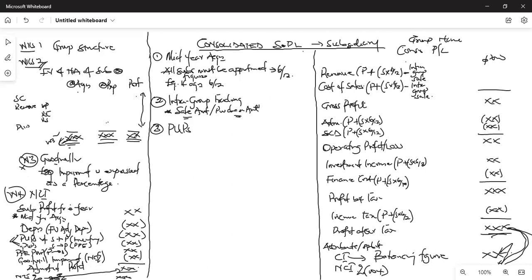And we need to also take it off. How do you take it off? You have to add the PAPs to the cost of sale, because you are removing the profit out of the sale element. So here, what you do is add PAPs. That's all. Nothing difficult. That is it.